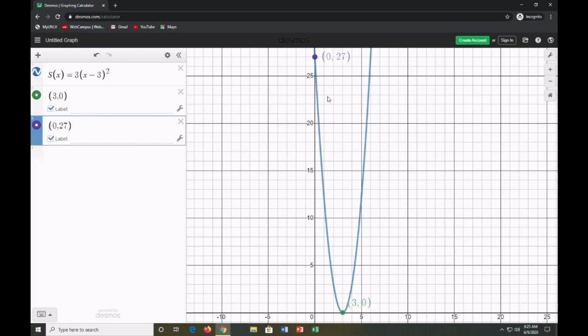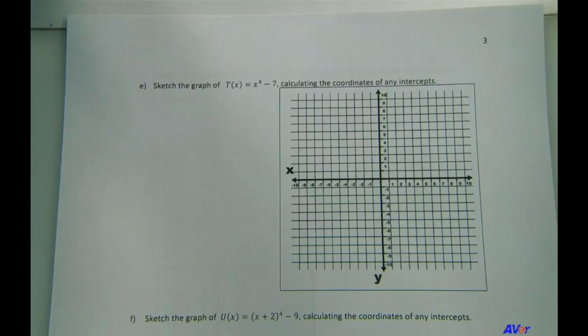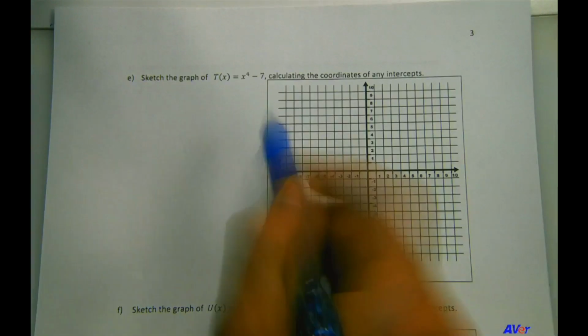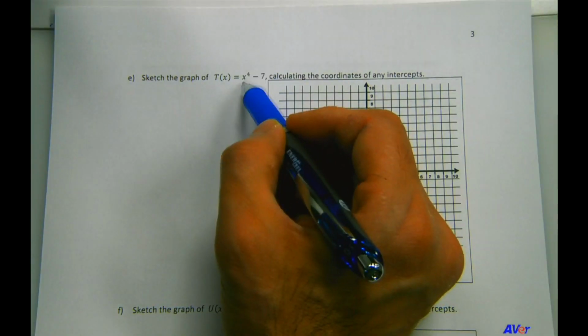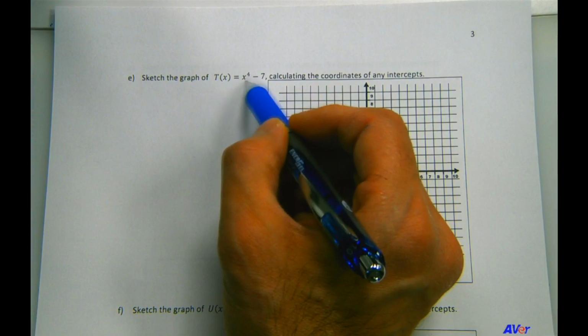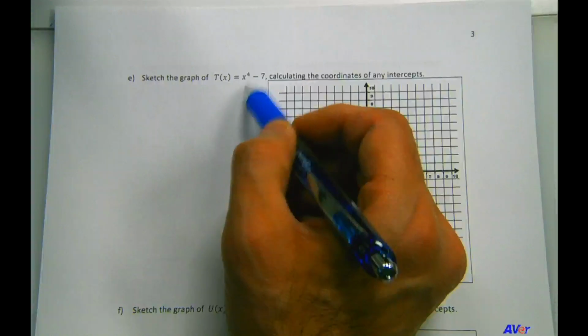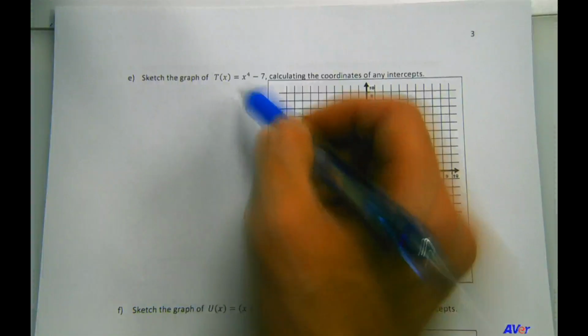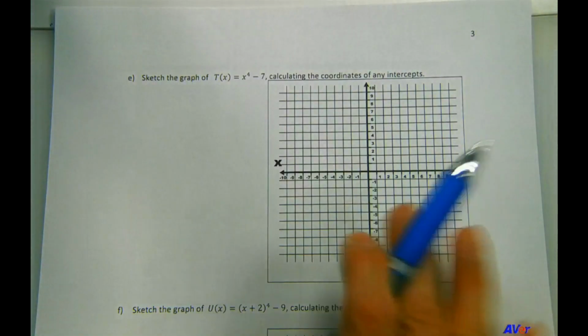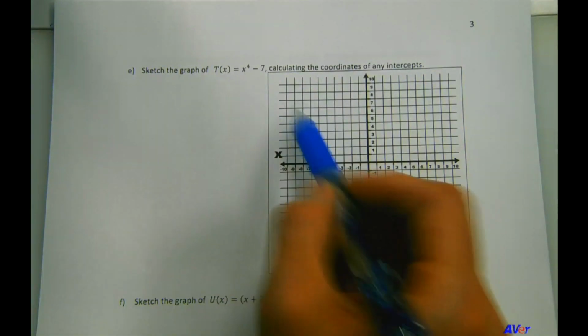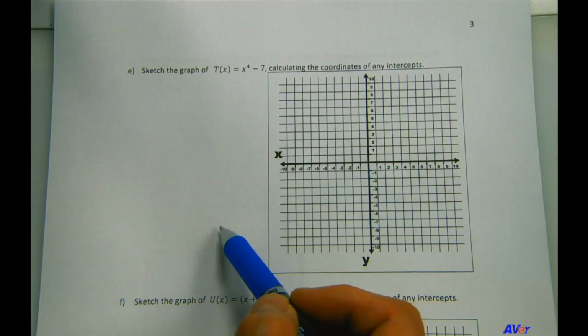Okay, so let's go back to the document camera. Here, we have to sketch the graph of this function. Remember when we have even powers of the quadratic function, the bottom of the graph flattens out. We talked about that at the beginning of today's lecture. When I draw the graph, I will reflect that so you can see it.